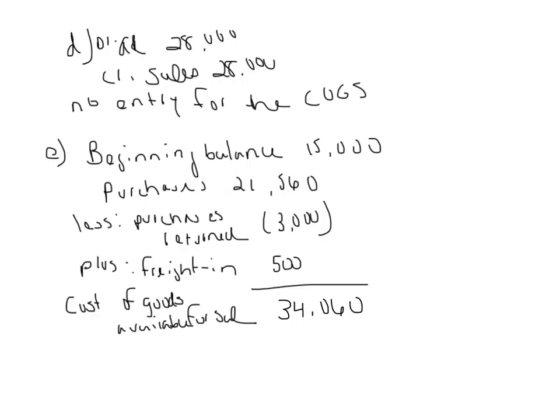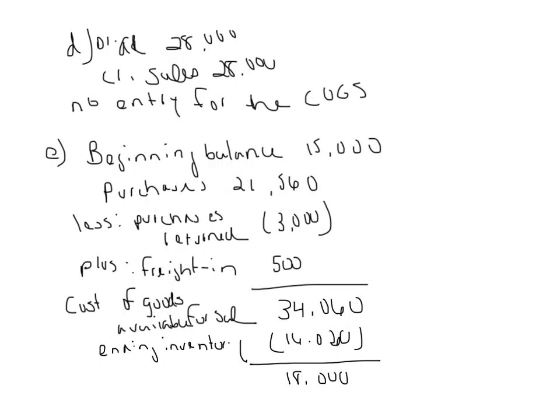And then they tell us in letter E what the inventory on hand at the end of October is. So if we know what the ending inventory is, if the ending inventory is 16,060, that's how much remains. We must have used 18,000 because we had 34,060.